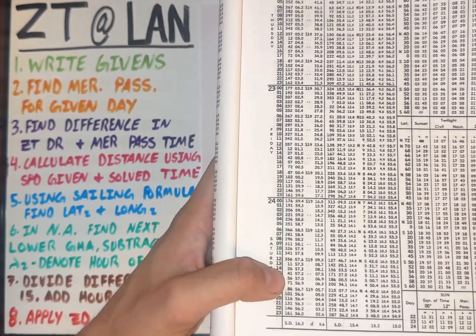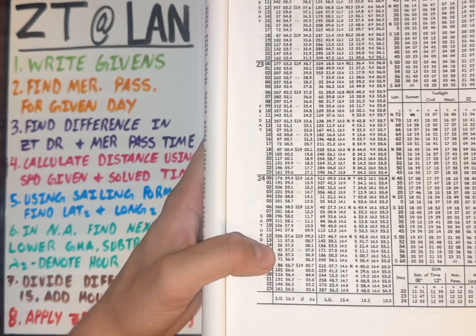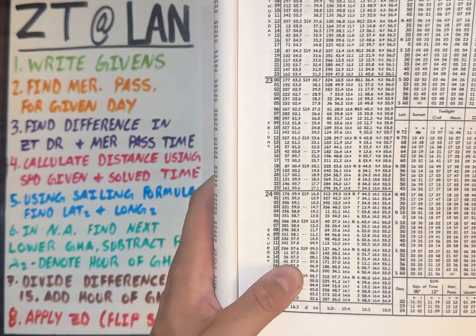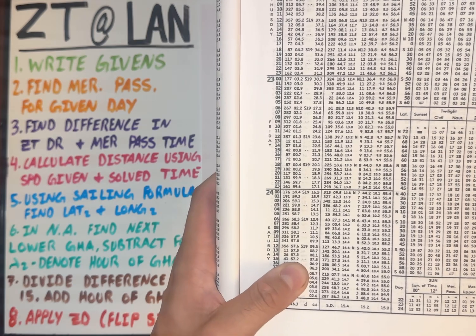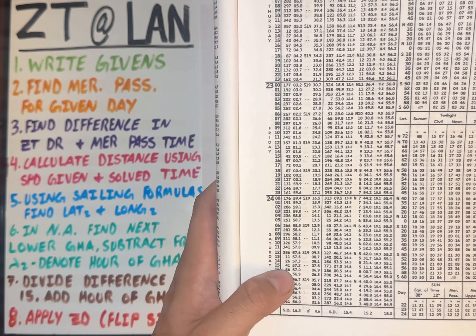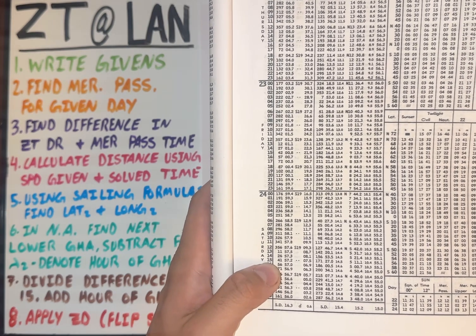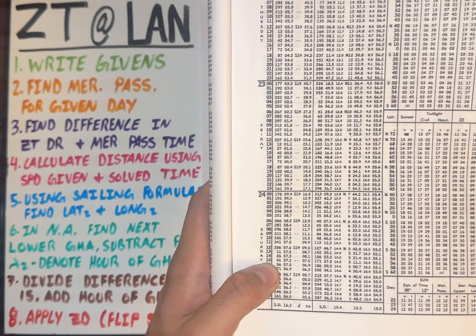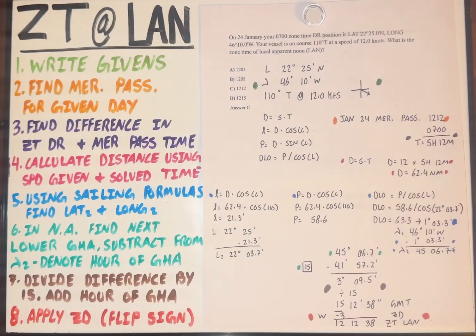We found our longitude to be 45 degrees 06.7 minutes. The next lower is 41 degrees 57.2. So we take 41 degrees 57.2 and denote the hour directly to the left of that, 15 hours, or the 15th hour, and we'll note that below.